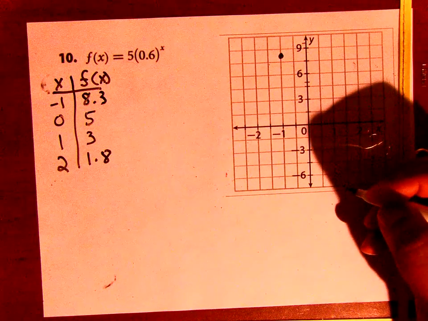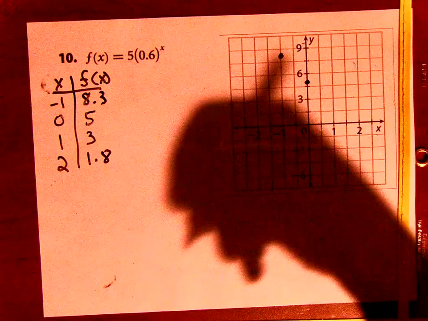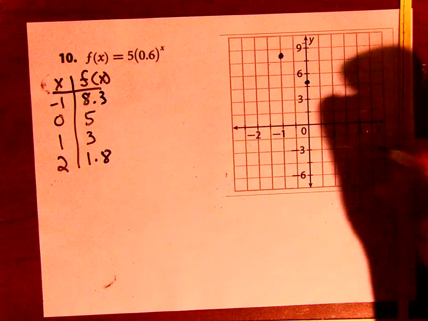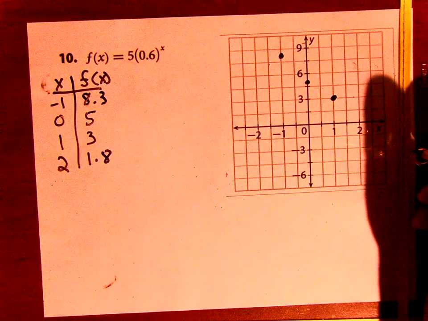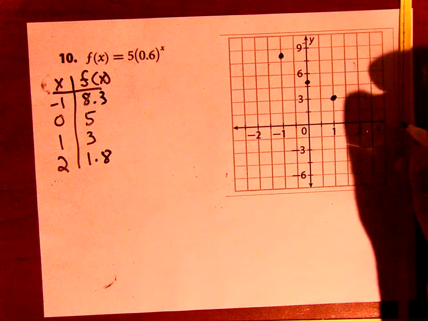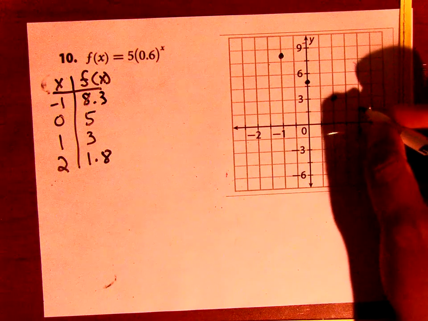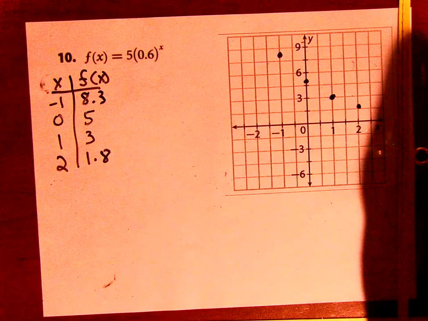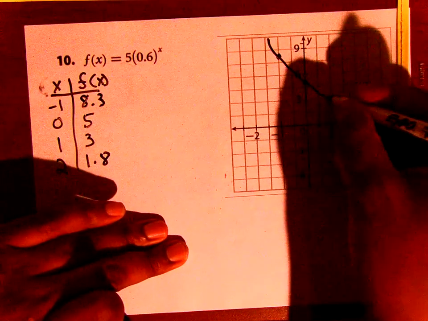At 0, we're at 5, which is about right here. At 1, we're at 3. And at 2, we're at 1.8, which is about right here. Okay, and we'll go ahead and make a graph.